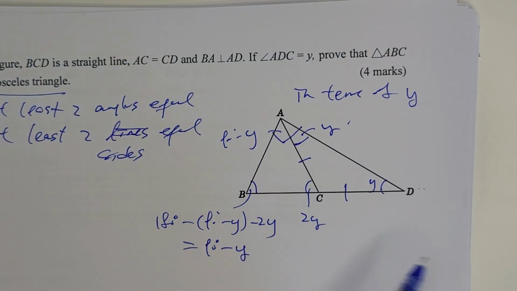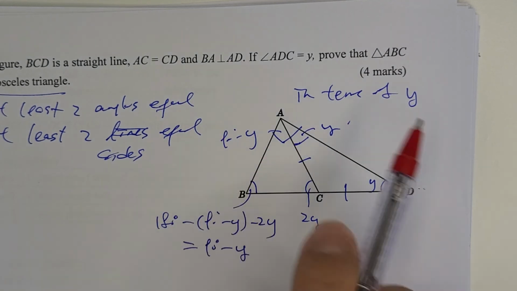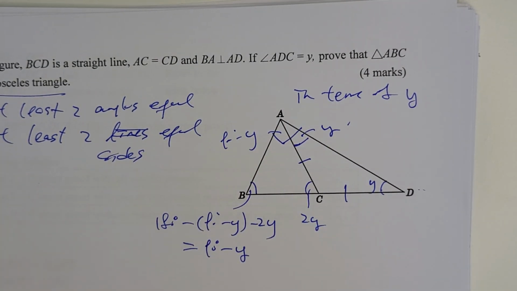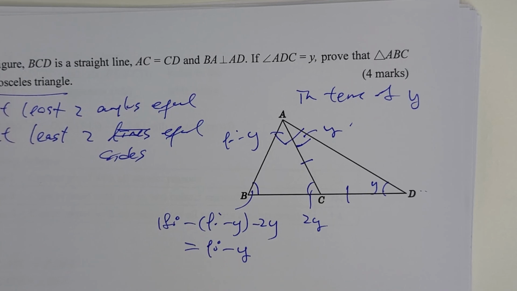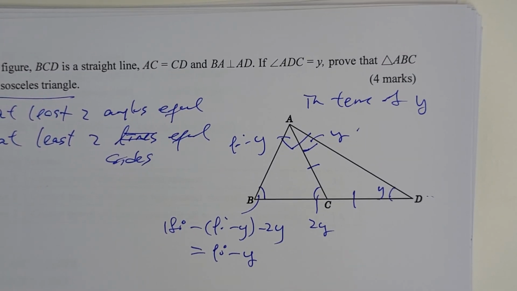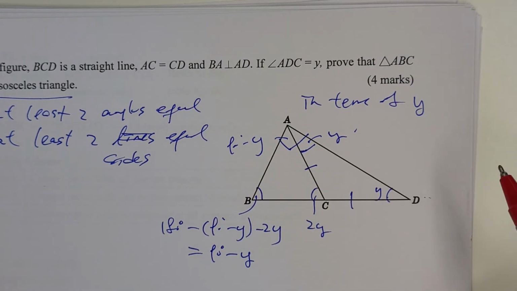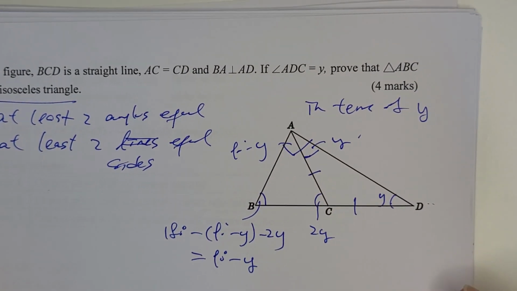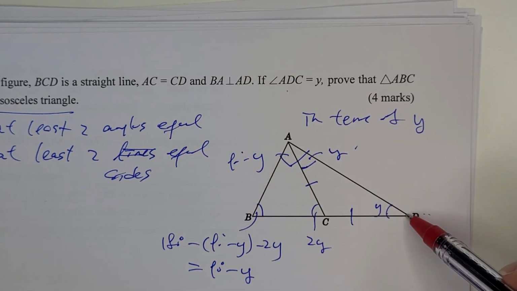That's the process of finding all angles in this figure. Okay, try to use as many formulas or as many relationships as you know to find all angles in terms of y. But the problem is, even if you know, okay, they are the same, so what? How to present it? Okay, the question told you that this angle ADC is y already.